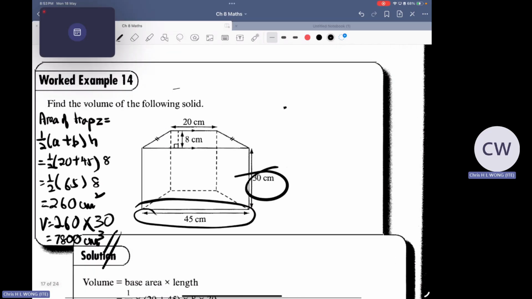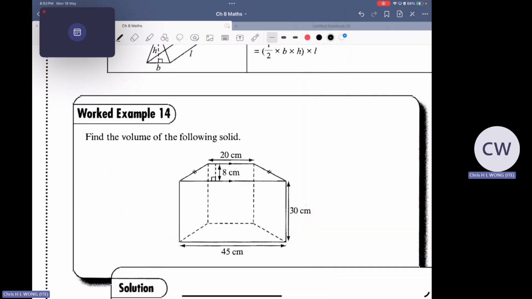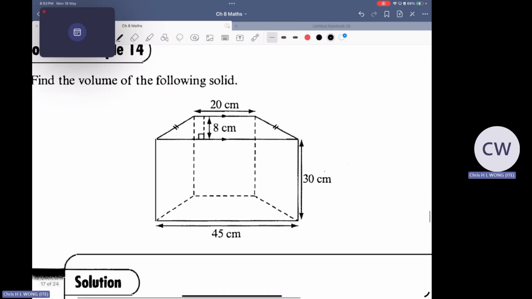So let's do this. I clear this. Ask yourself first, is this a prism before you do? Why do you say a prism?